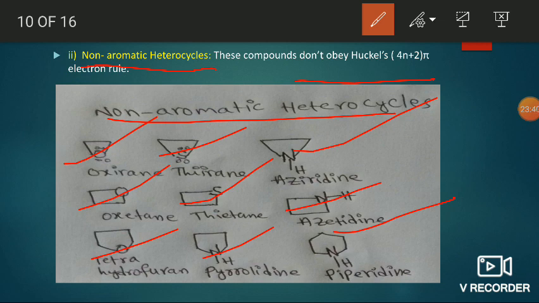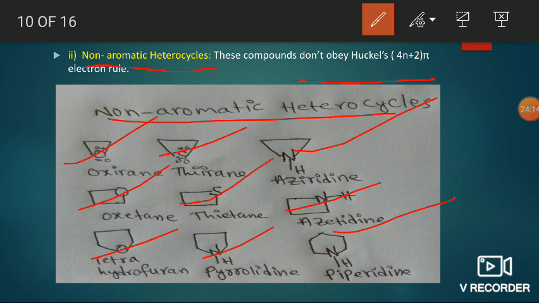There are also some non-aromatic compounds with partial double bonds. They may contain partial double bonds, but they don't obey Huckel's 4n+2 pi electron rule. For example, dihydrofuran, dihydrothiophene, dihydropyrrole, or dihydropyridine.